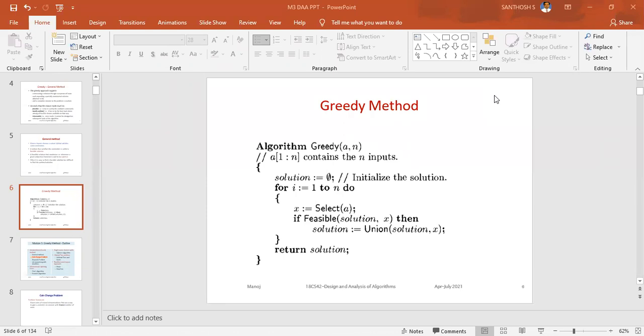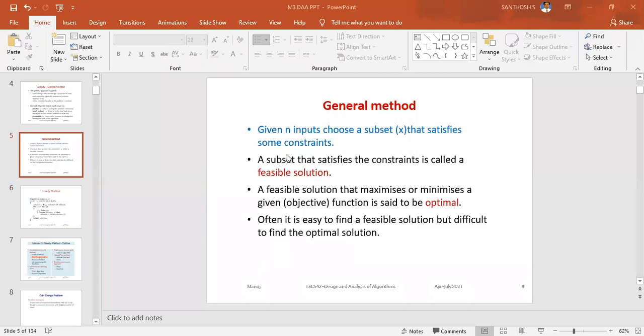Yes, anybody can answer. A subset that satisfies the constraint is called a feasible solution. How many subsets? 8 subsets you are having. For one subset you will find one solution, so for 8 subsets you will find 8 feasible solutions.